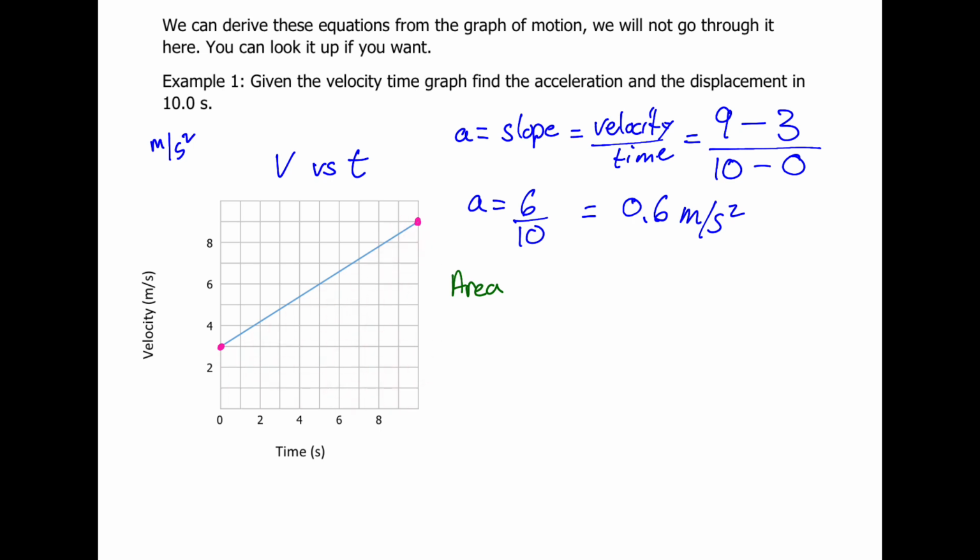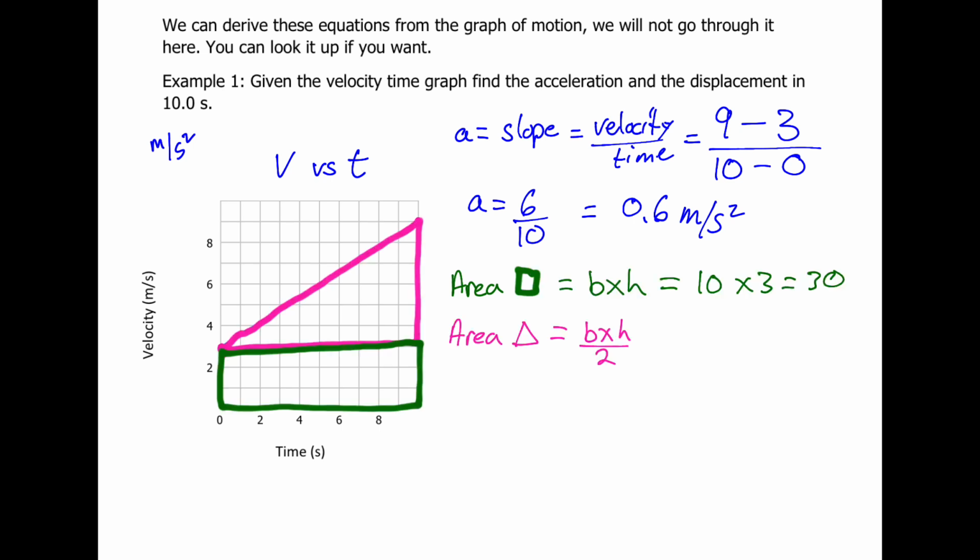What is all of this space going to work out to? So what shape is this? For our triangle, we add the rectangle and triangle together. Now remember, when we're doing this, it is the triangle, just the pink part.